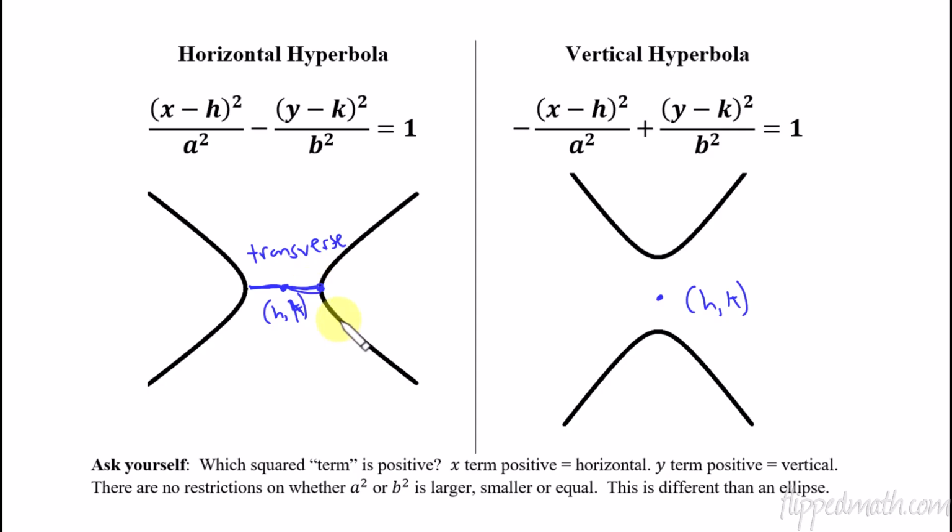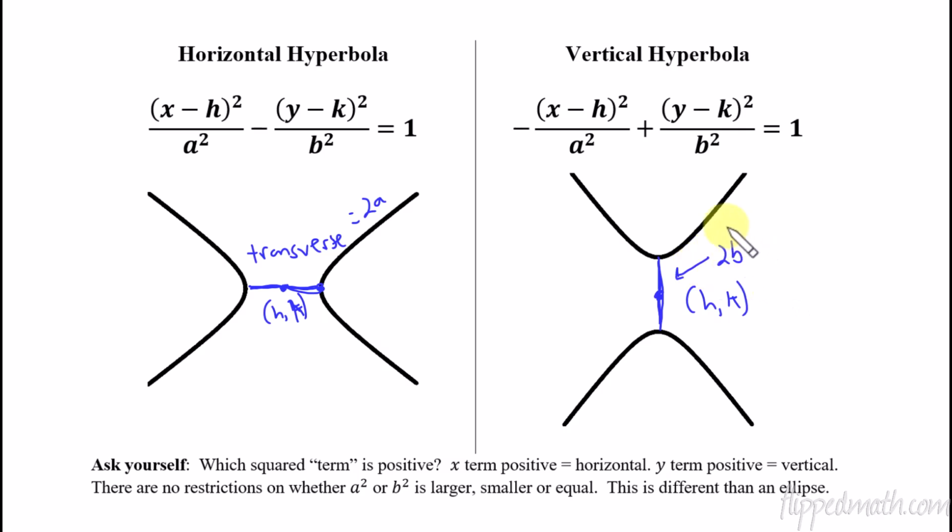It goes right through the center. The length of the transverse axis is always double the value, so in this case, it's 2a. In this one, the transverse axis is 2b.